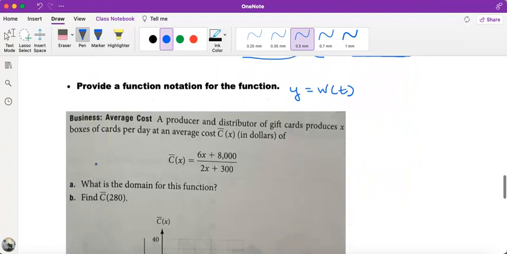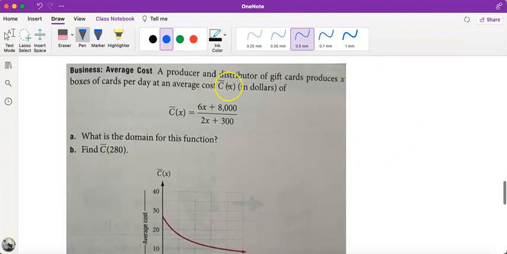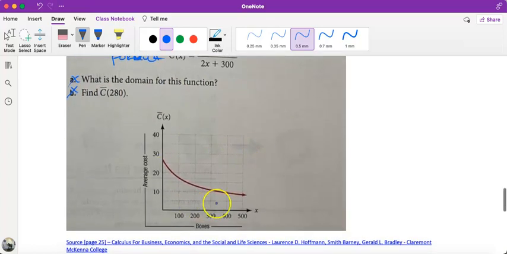Another one here that I'm just going to read is a producer and distributor of gift cards produces x boxes of cards per day at an average cost in dollars. Here they actually gave you the formula, right? We're not going to focus on this right now, but I want you to see that this is given by a graph.